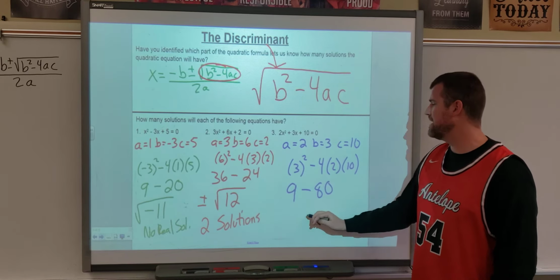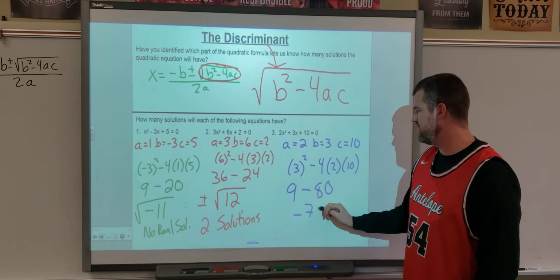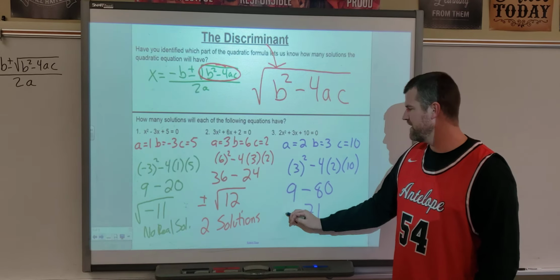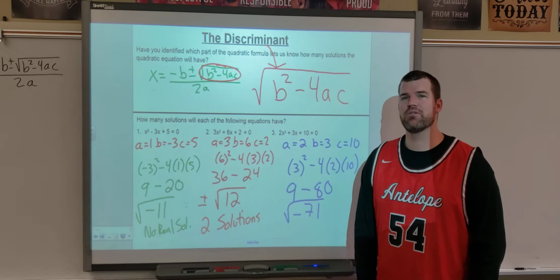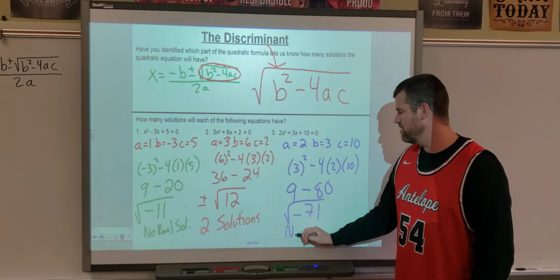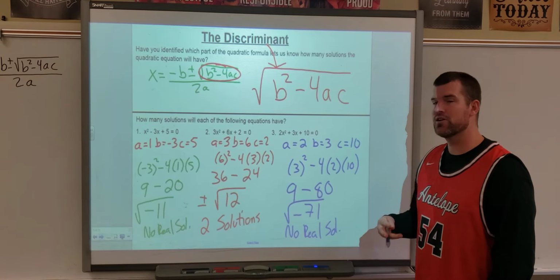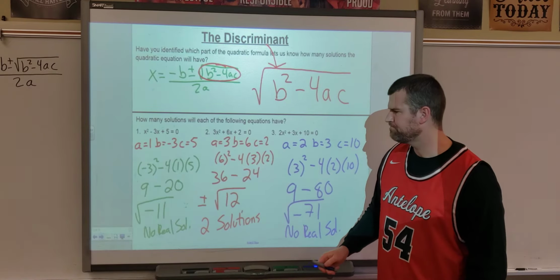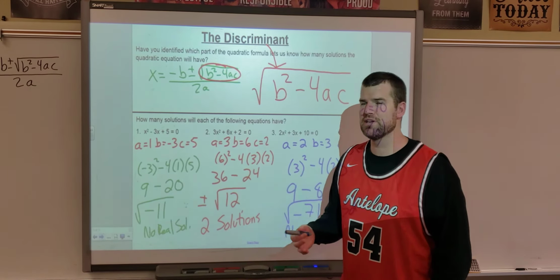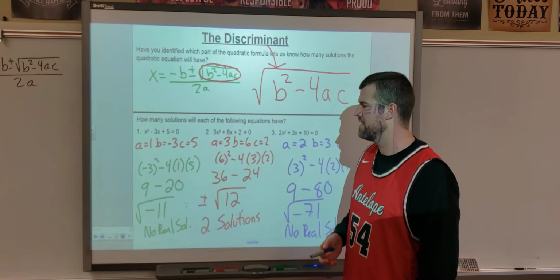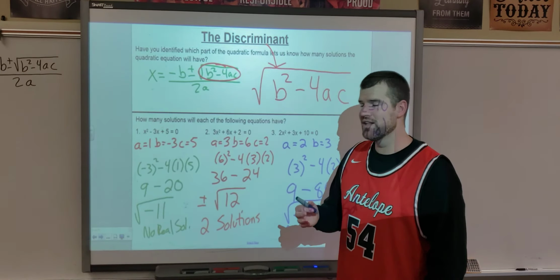And 9 minus 80 is a negative 71. And again, if I get the square root of a negative, that means I will have no real solutions, or 2 imaginary solutions. I'm going to throw one more problem up here just so we can see what it'll look like if there is 1 solution.